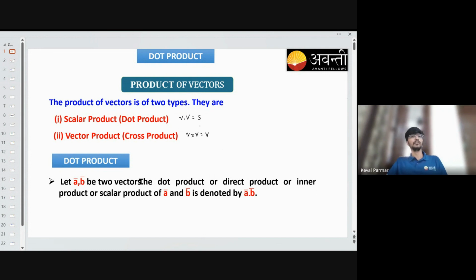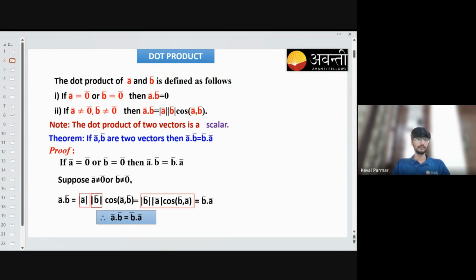Correct? So yeah, let's see if A and B are two vectors, then the dot product of A vector and B vector is given by A bar dot B bar. This is the notation. Let's see the definition now. The dot product of A bar and B bar is defined as, look at the second one. First one में तो क्या है? Basic definition है. They are saying if A equal to 0 or B equal to 0, then A dot B will be equal to 0.